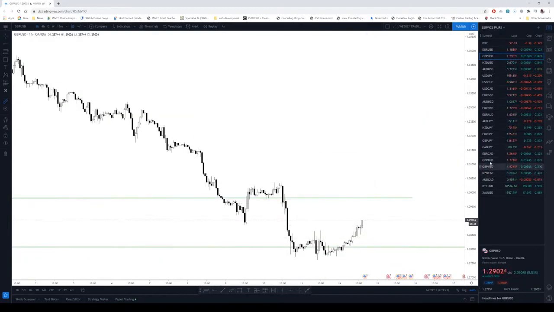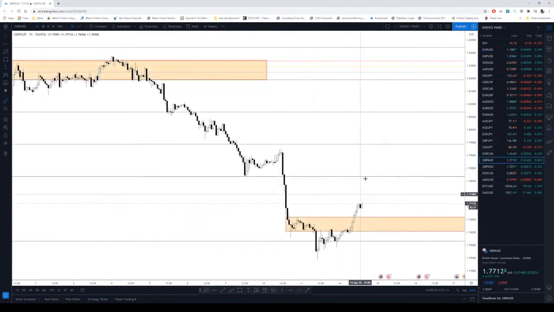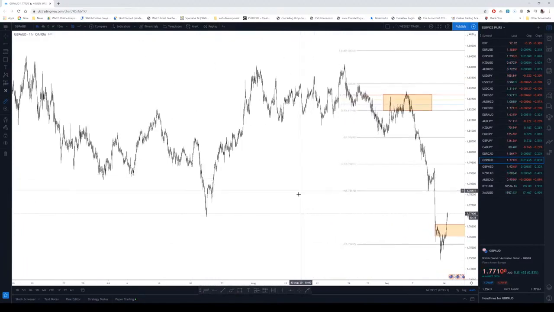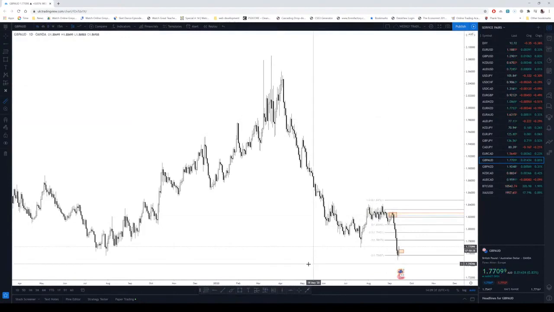So the bounce that we were expecting on pound, we didn't actually take it here. We took it on the pound New Zealand and pound Aussie. If you look at pound Aussie, we are currently pushing higher, and we did call that level down here. I've deleted the lines that I drew, but we did call that level down here for this pullback up again.